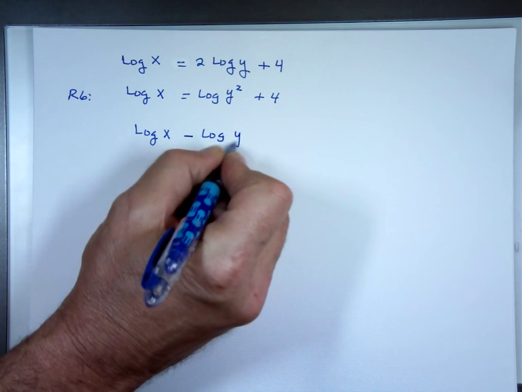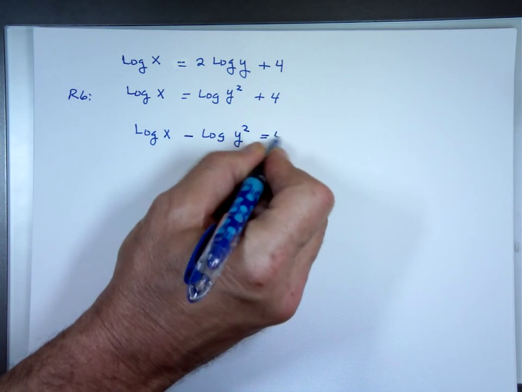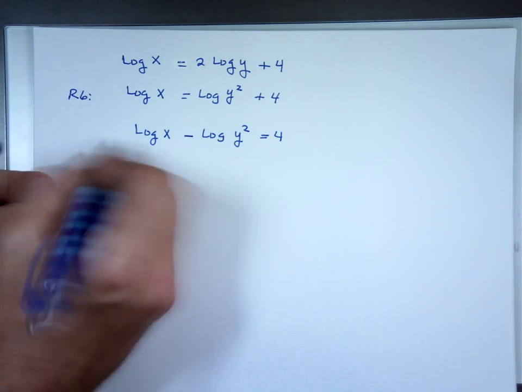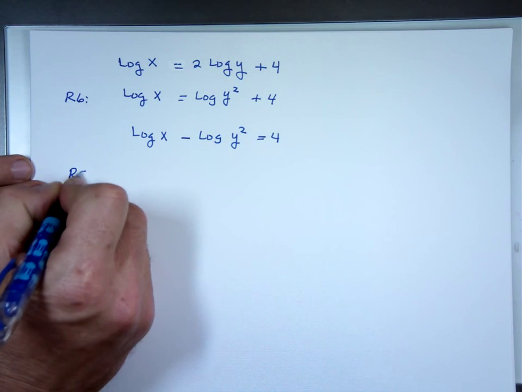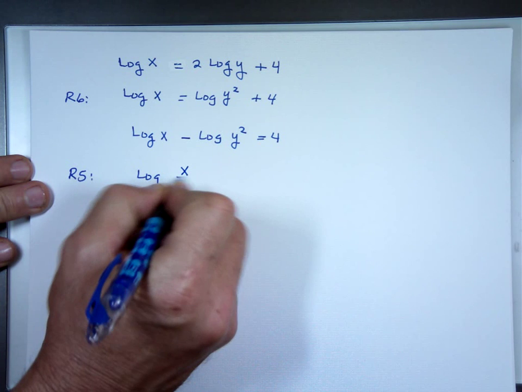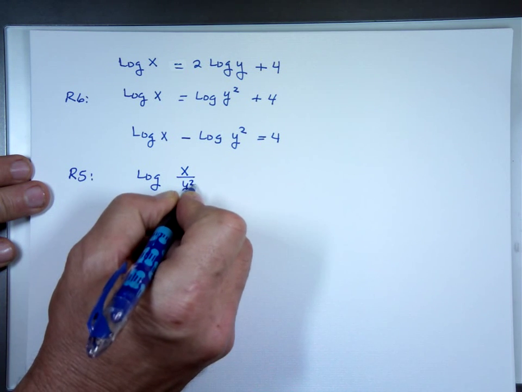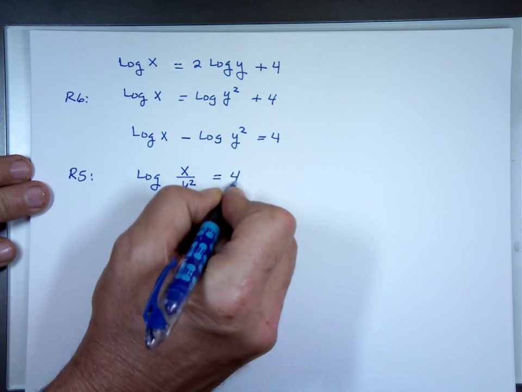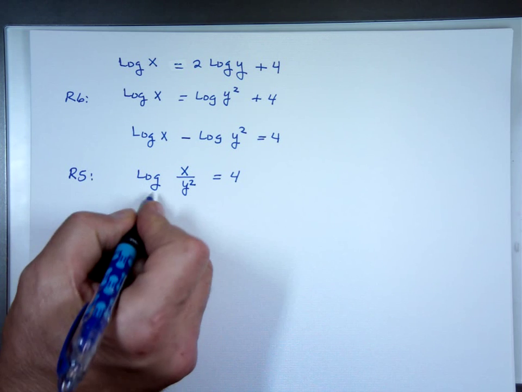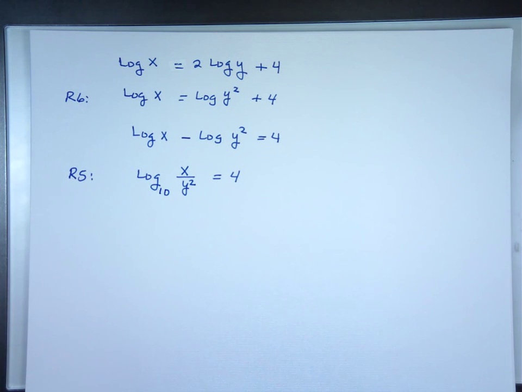So he's trying to combine the log into 1. So now we're going to use rule what? That's log of x over y squared. Remember, if there's no base, it's always assumed to be what? 10. So now, how do we get rid of the log here?